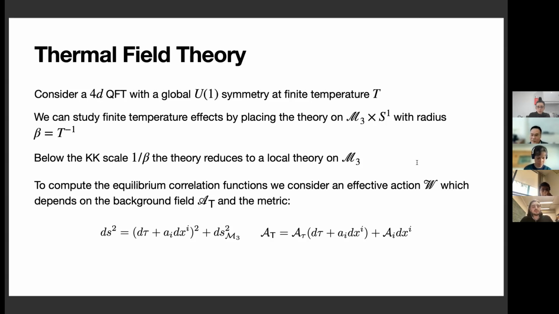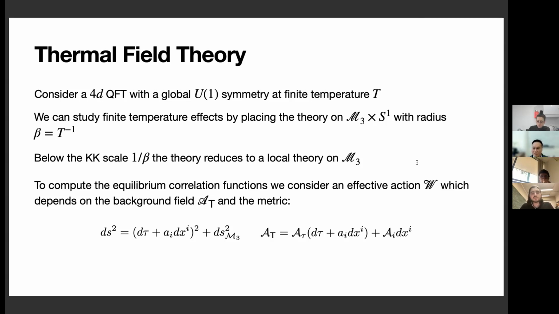The traditional idea is that below the Kaluza-Klein scale, that is 1 over beta, you expect that the theory has a thermal gap, and you can describe the theory on the 3-manifold M3 by a local theory. In general, to compute correlation functions in this theory, you will have to work out the thermal effective action, which is going to depend on 2 data mostly, the background field capital A and the metric.